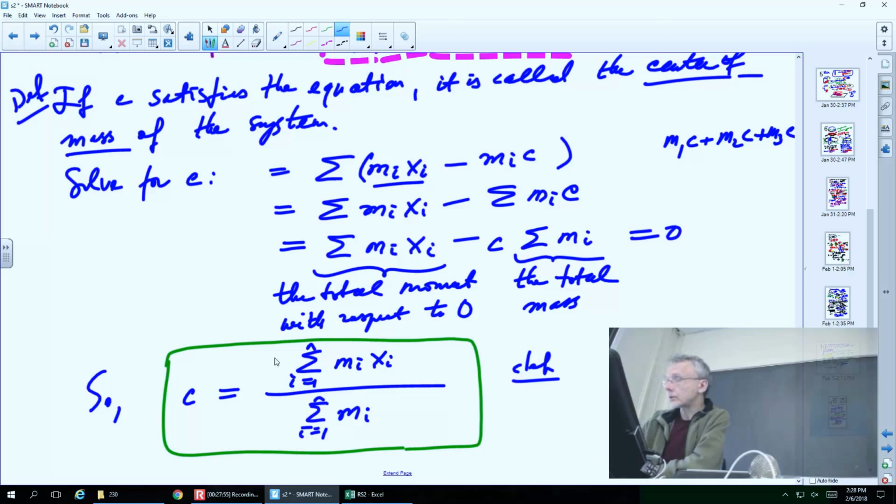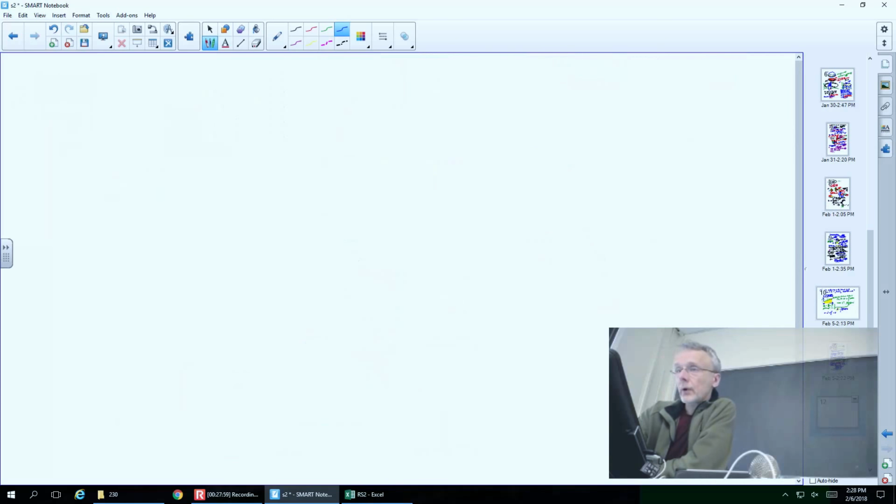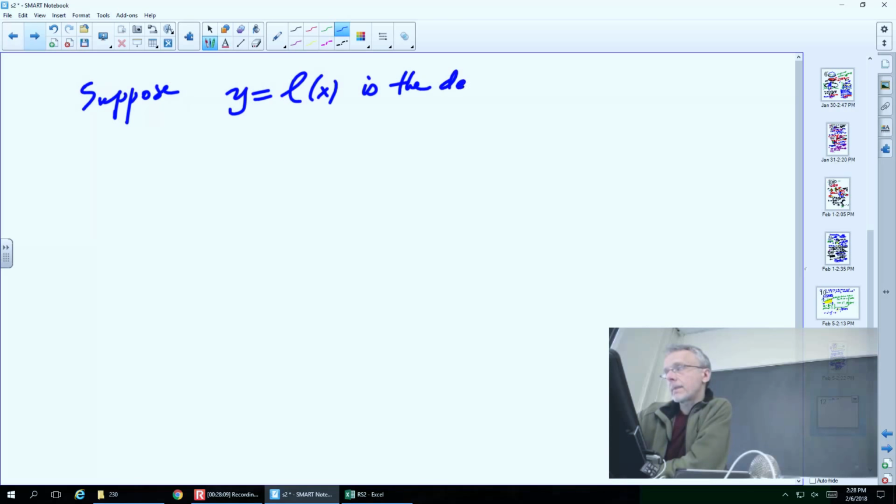Okay, so I did it already with Excel, so now let's start over. So, suppose y equal L of x is the density at location x. Okay?